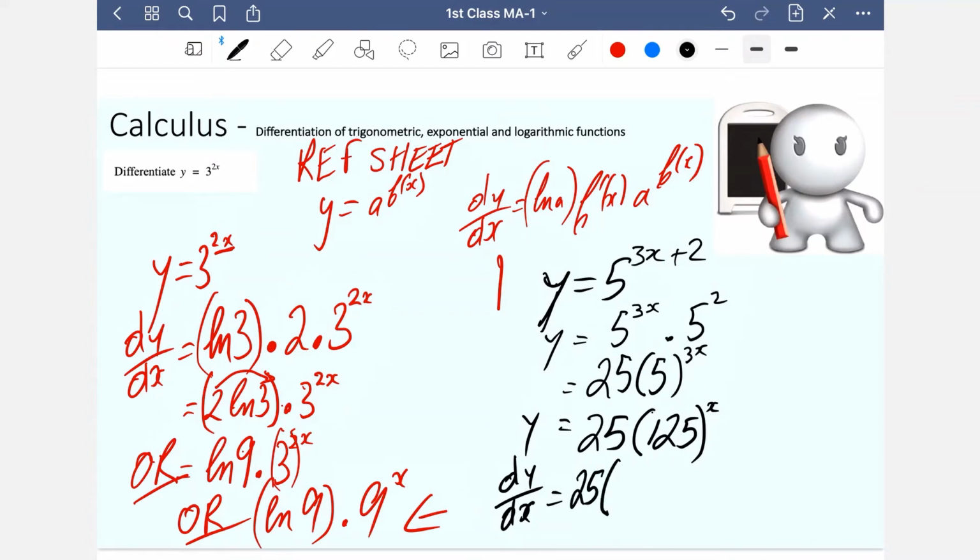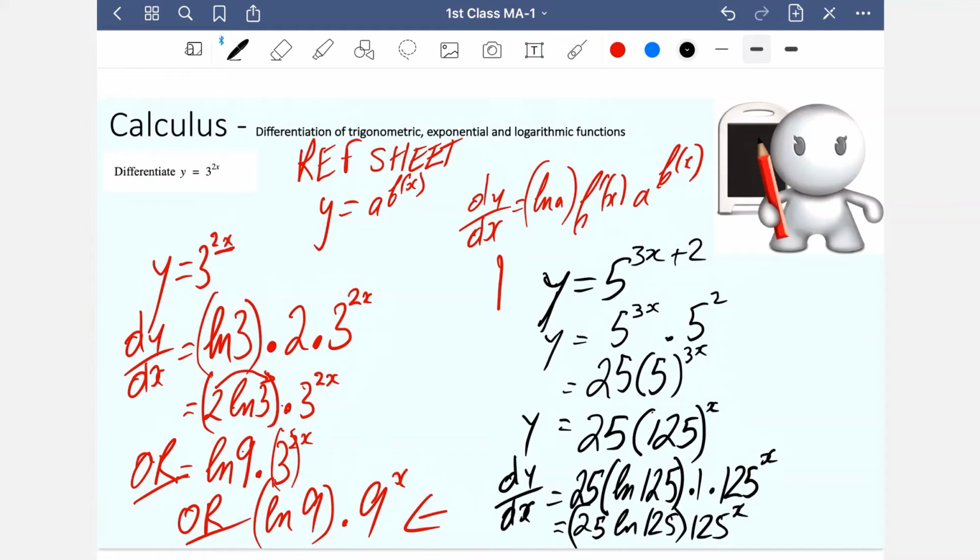So the log of the numerical base, so it's the log of 125, okay, multiplied by the derivative of the function of x, well in this case it's 1, multiplied by the numerical base 125 to the power of f of x, which is 1, so 25. Log of 125 multiplied by 125 to the power of x, something a little bit harder.